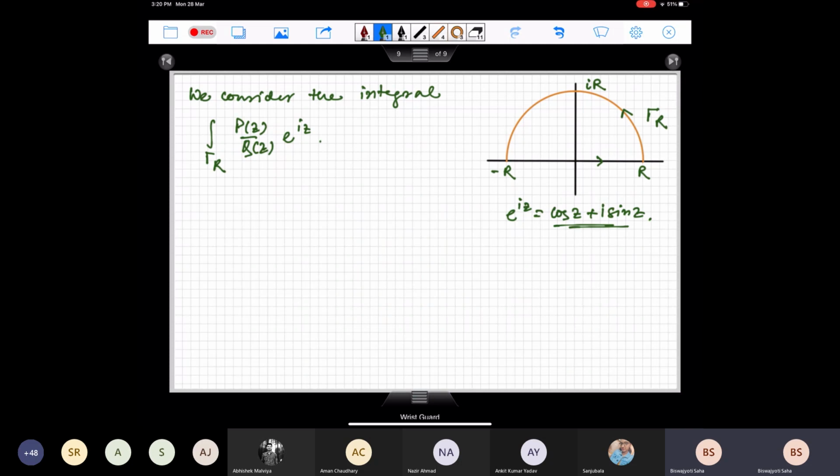Now let's consider this integral, and here what we are going to show is, so the proof will be similar, we will show that, first let me complete the formulas, the limit as r tends to infinity of the integral over gamma r of p(z)/q(z) e^(iz) dz is equal to 2 pi i times the summation over zk.